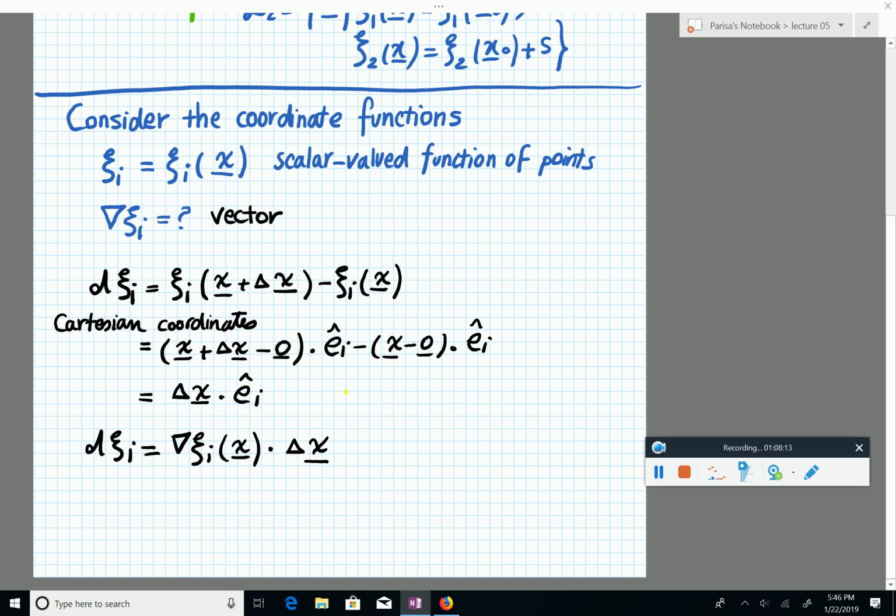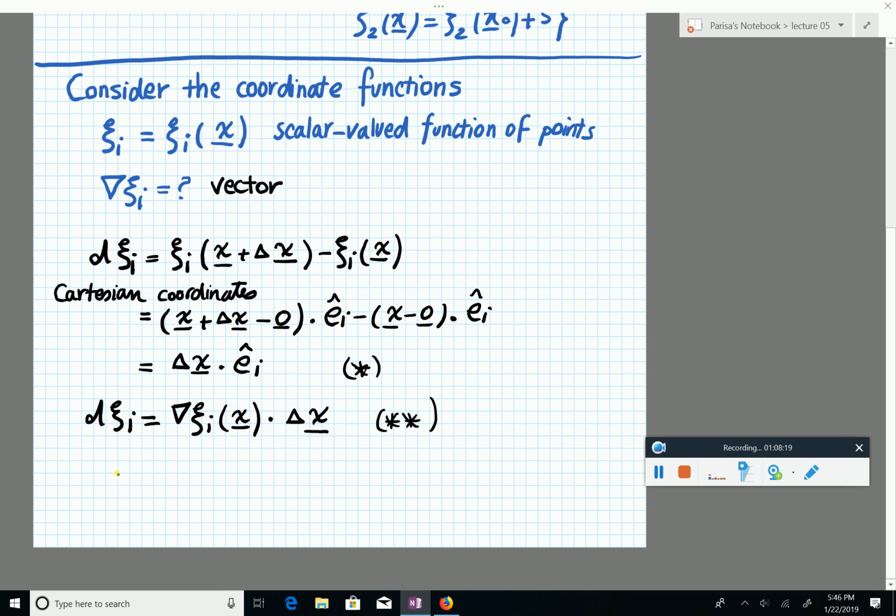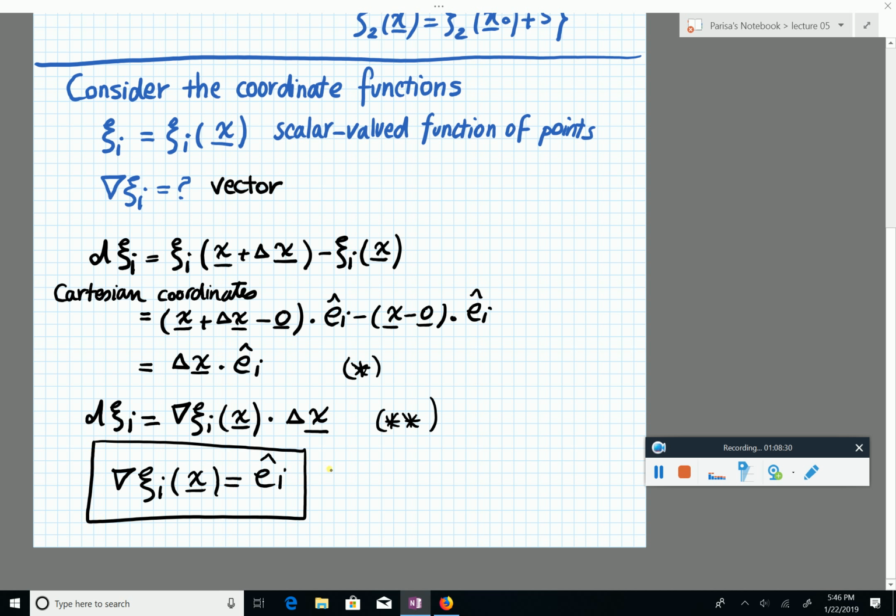So if you look at these two, you see that the gradient of the coordinate function is equal to the unit vector, but this is only good for Cartesian coordinates.